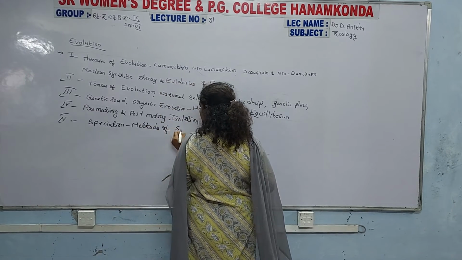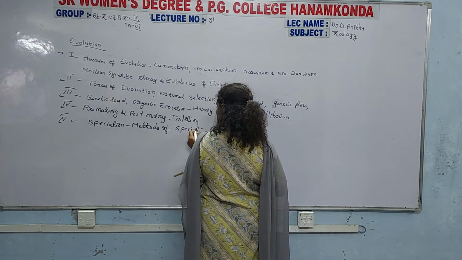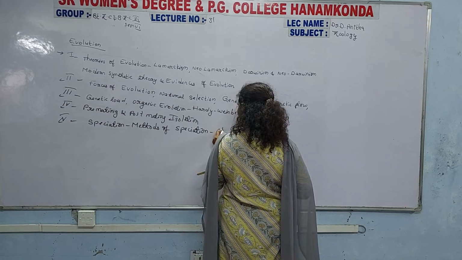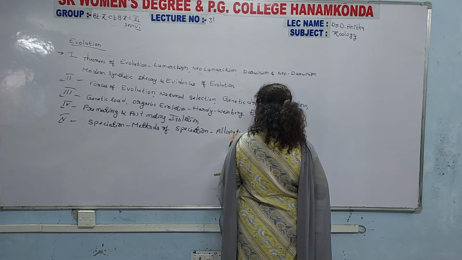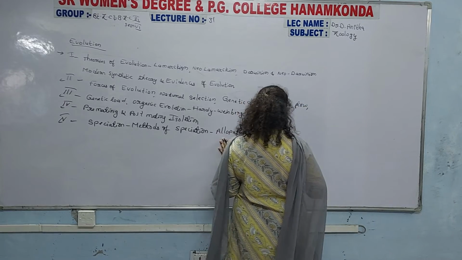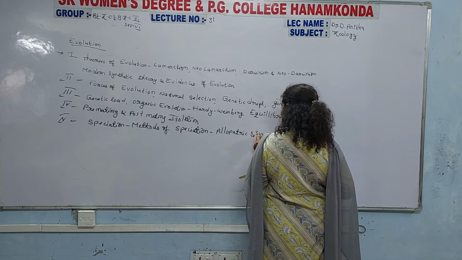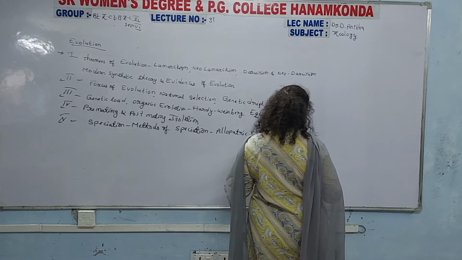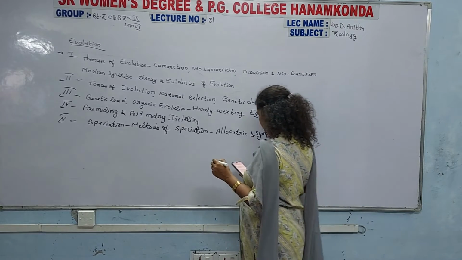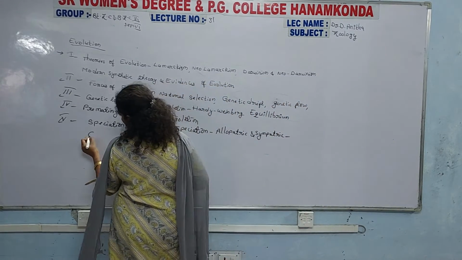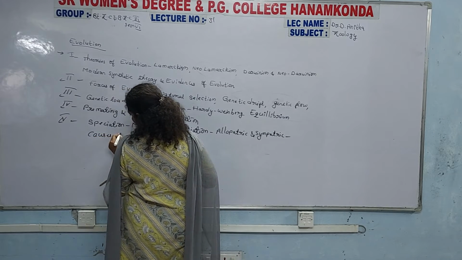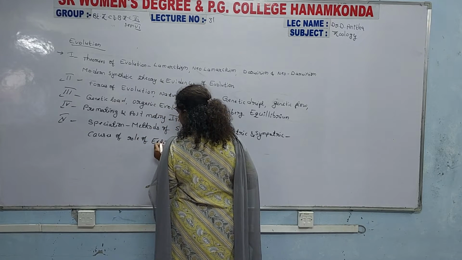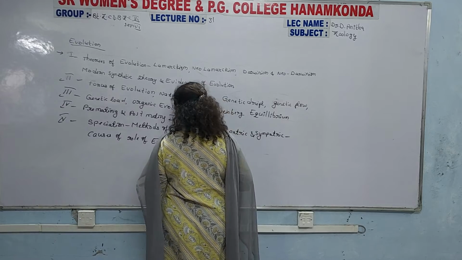Methods of speciation: allopatric and sympatric. Causes of extinction and the role of evolution.